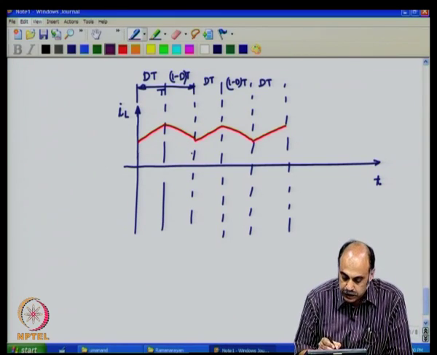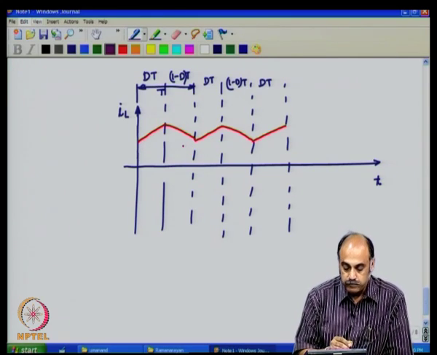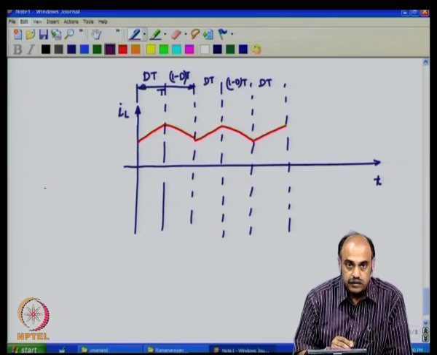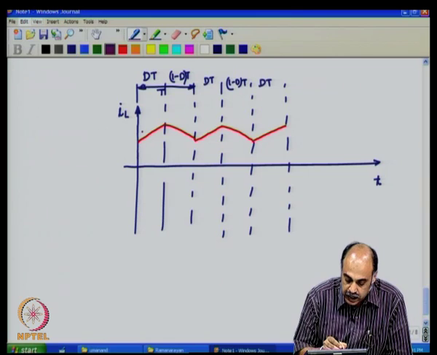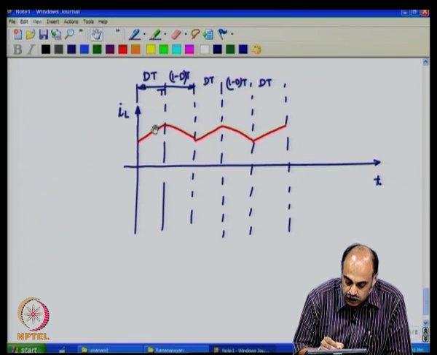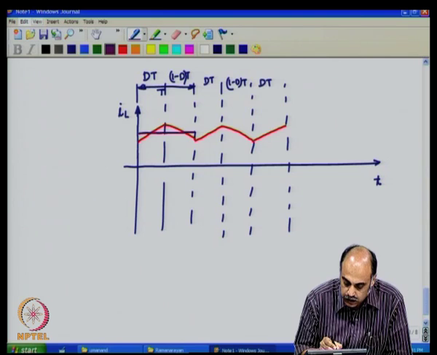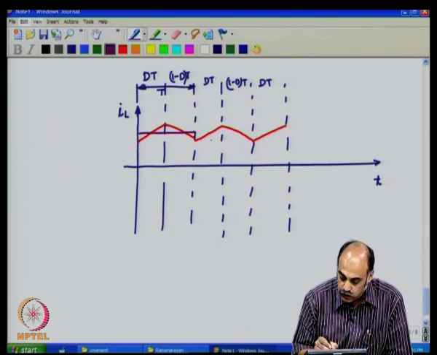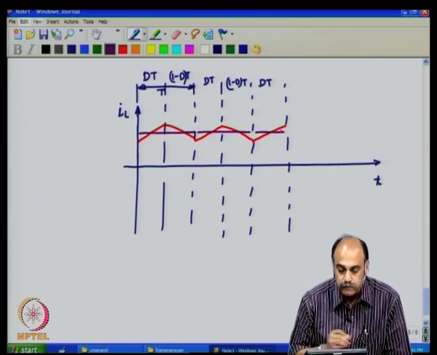Now, if you take one period, if that period is small enough compared to the time constants involved, LC time, LR and RC time constants involved, then we could say that the average value of the state, this is actually a state IL, instead of writing it like this, if you say this is the average of this state, and during this period, this is the average of the state during this period, so on.